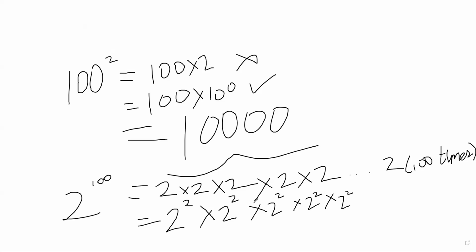Now for example, if you are taking 2 raised to 2, see this 2 raised to 2 means what? 4. 2 raised to 2 means 4. And again 2 raised to 2 means 4. So that means 16.